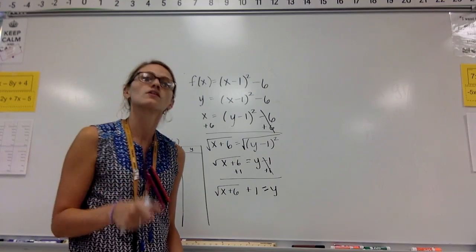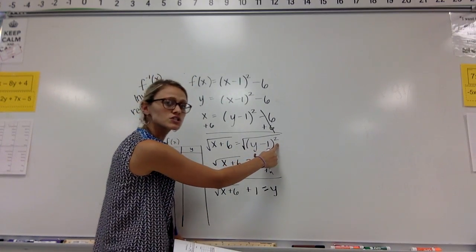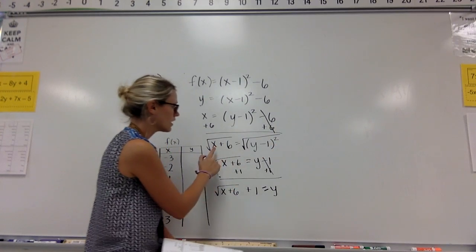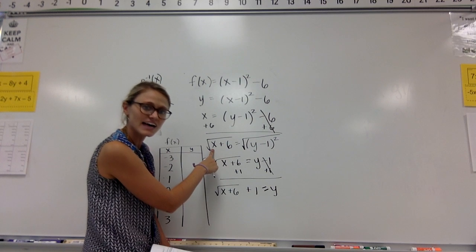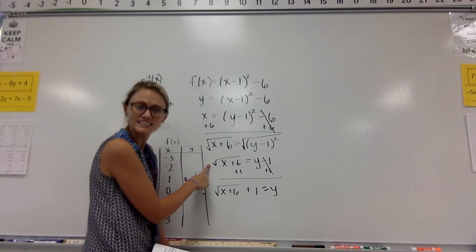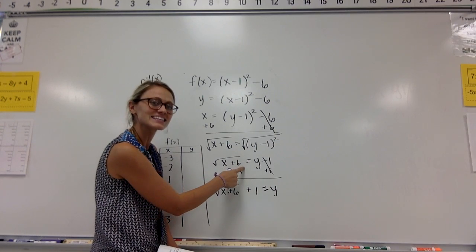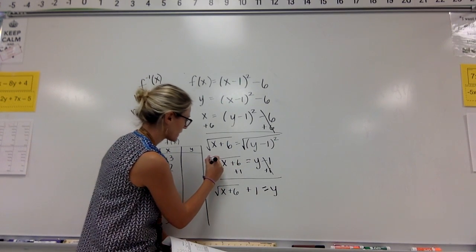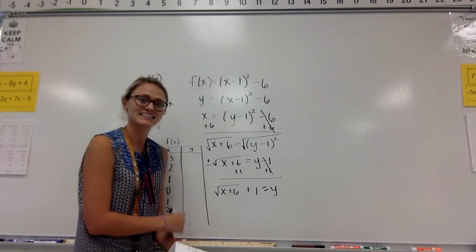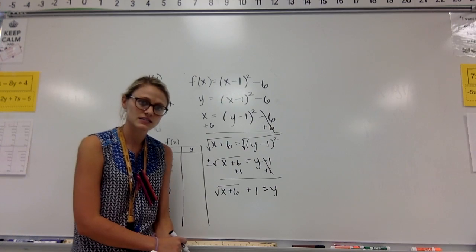Okay? Now one thing that I do want to go back to, okay? When you take the square root of this side and you take the square root of this side, notice, I've just got the square root of x plus 6. What I should have is plus or minus the square root of x plus 6.